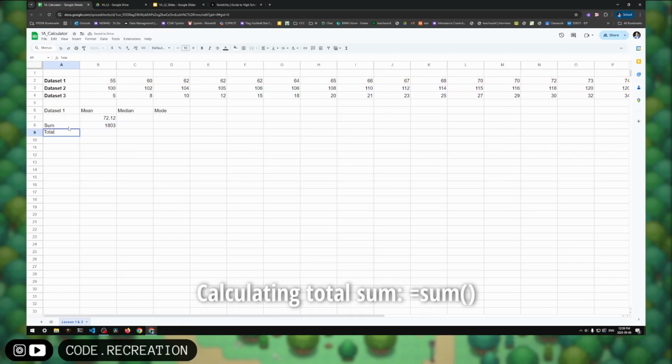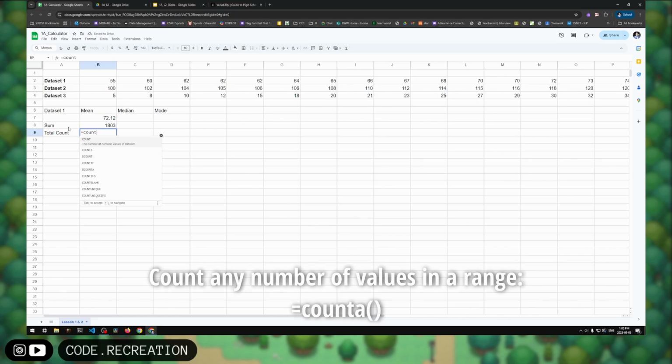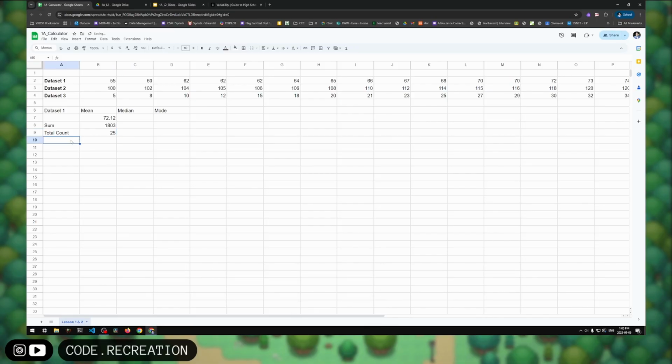And for total count, we can use COUNTA, which counts any value in the data set. It's going to count up how many values we have in the area that we inputted, which is 25. So the result would be the sum divided by the count, which gives us 72.12.